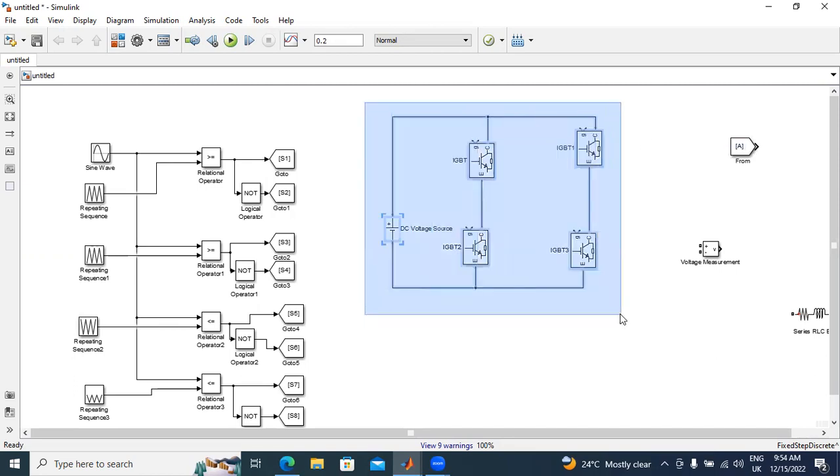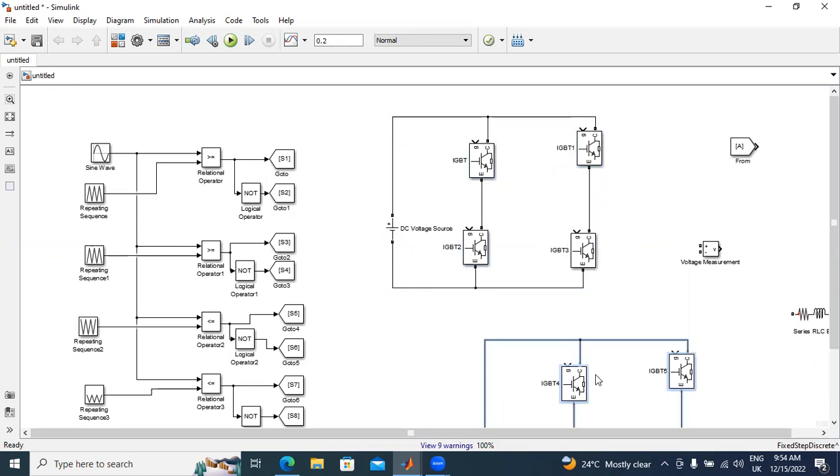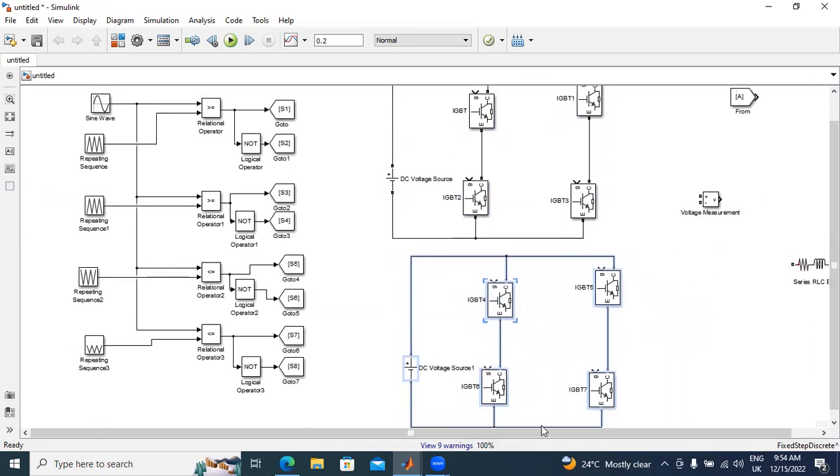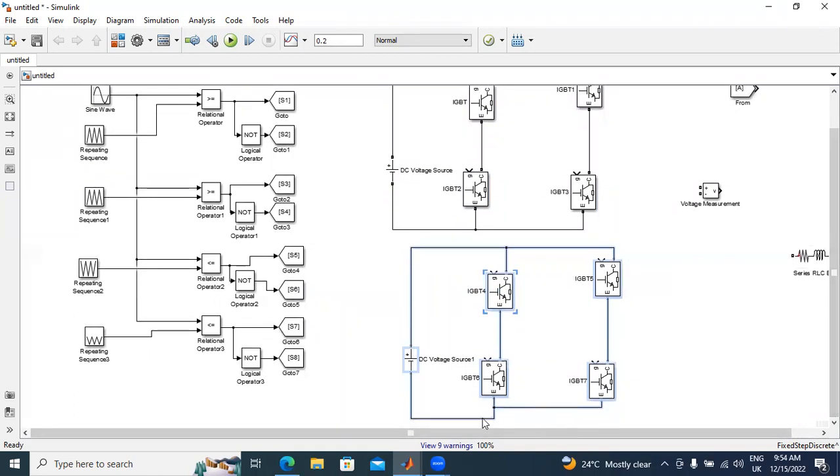Next I will copy and paste the circuit. Copy, I will paste. Okay, this one.